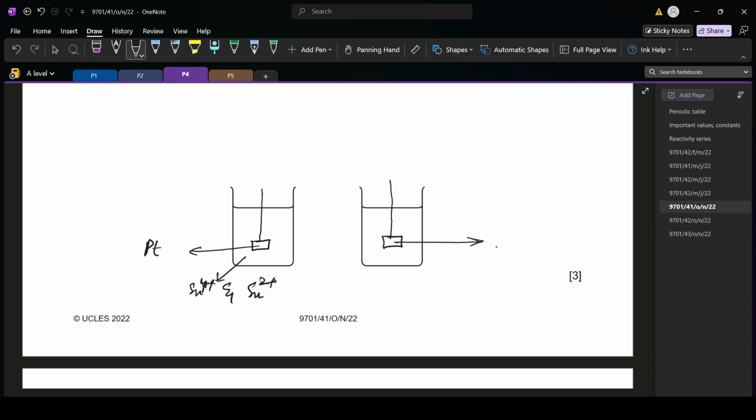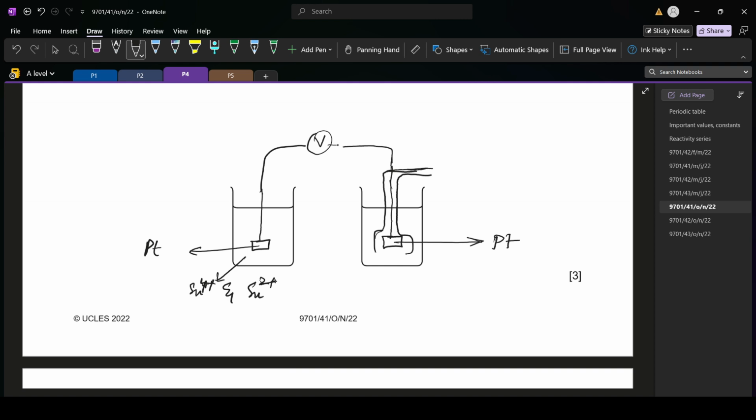This is also platinum, and you will have this kind of delivery tube. This will be like this.